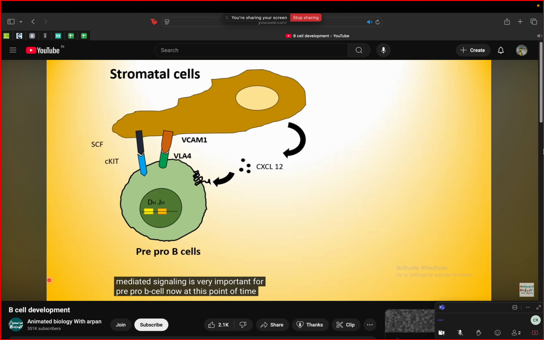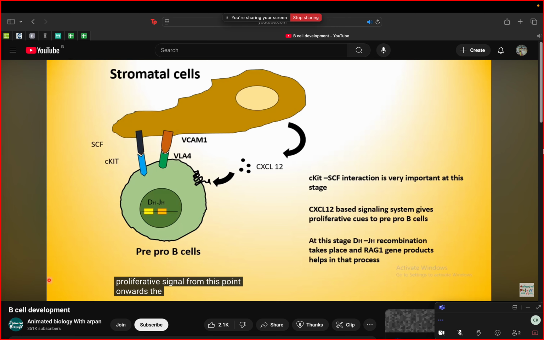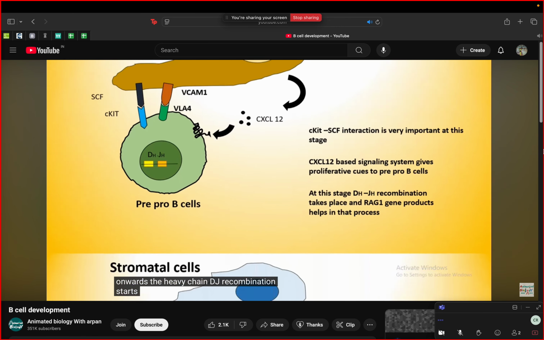Now at this point of time, two important phenomena happen. One is c-KIT and SCF interaction, which gives rise to a proliferative signal, and also at this point, the CXCL12 based signaling system gives rise to a proliferative signal. From this point onwards, the heavy chain DJ recombination starts.